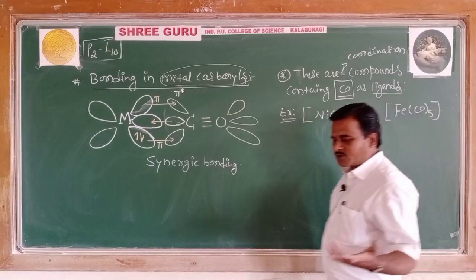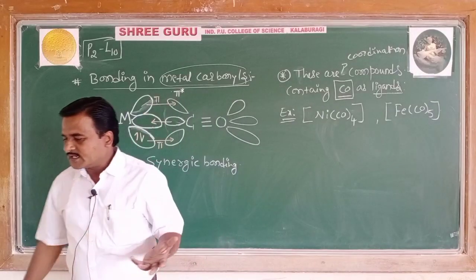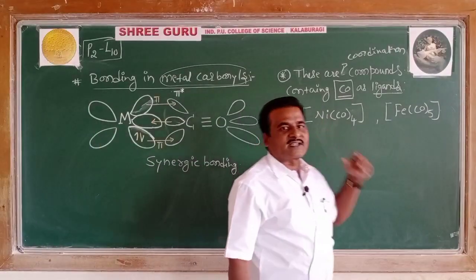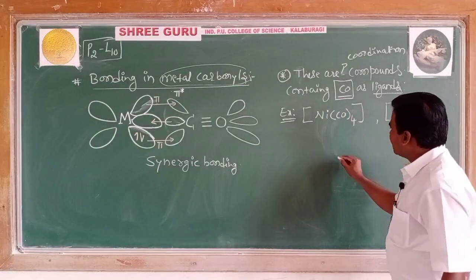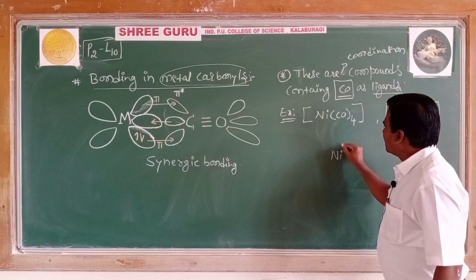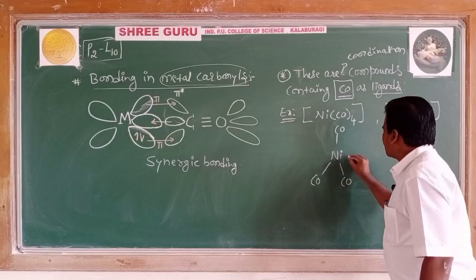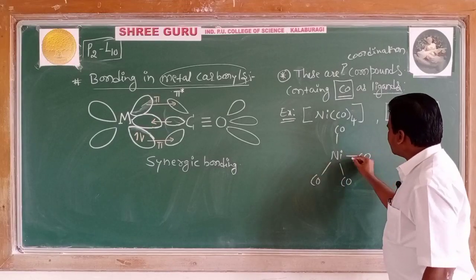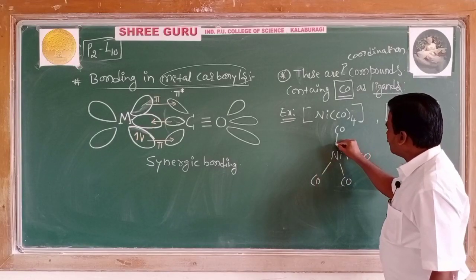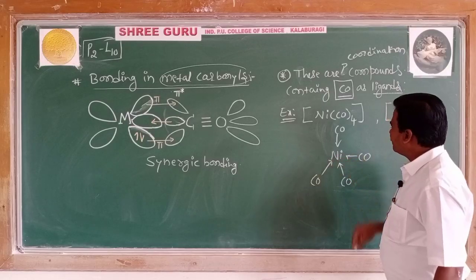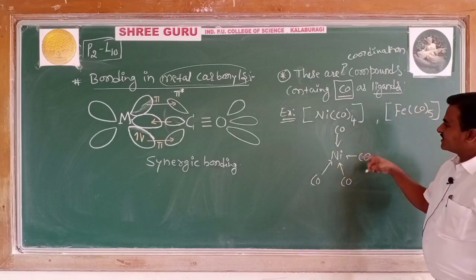If you look into the structure, nickel tetracarbonyl is tetrahedral. Here nickel is at the center and carbon monoxide as a ligand is making a coordinate bond, so it is tetrahedral in shape.